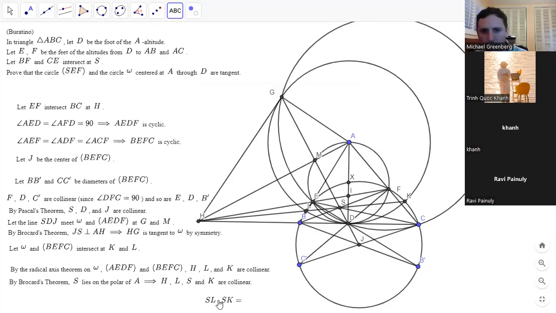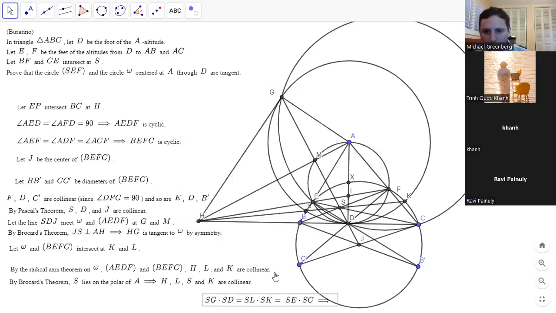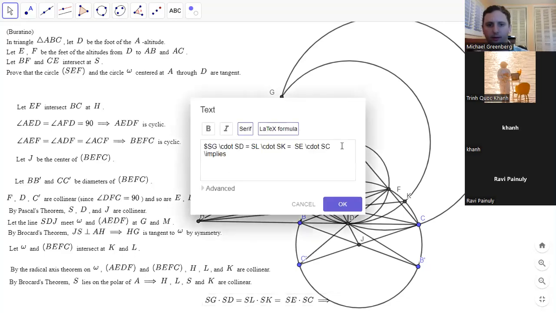And first of all, it's SG times SD, and this is SE times SC. And that implies that GEDC is cyclic.